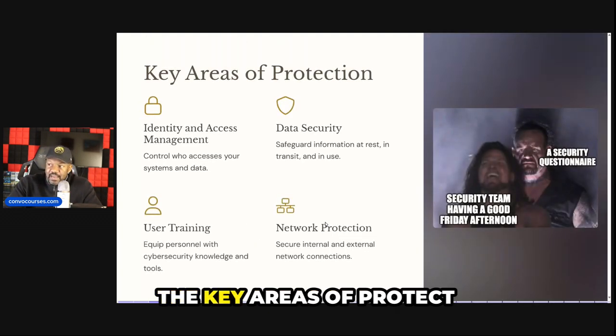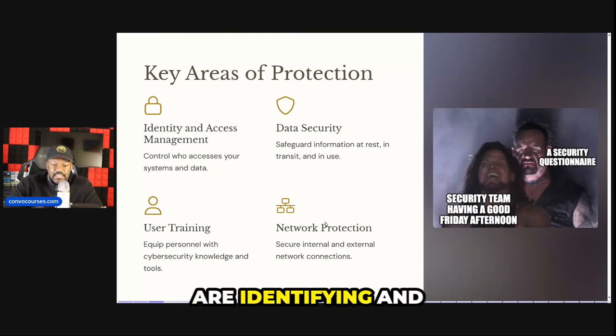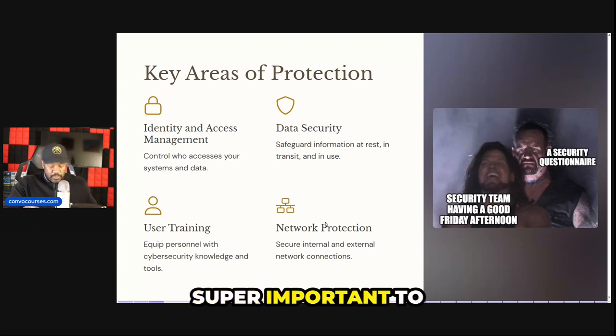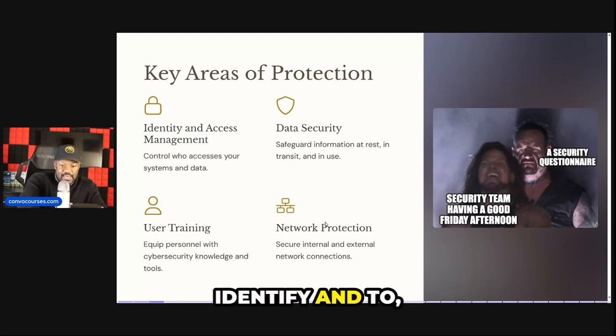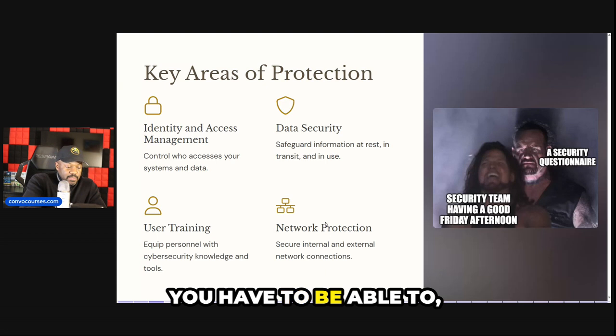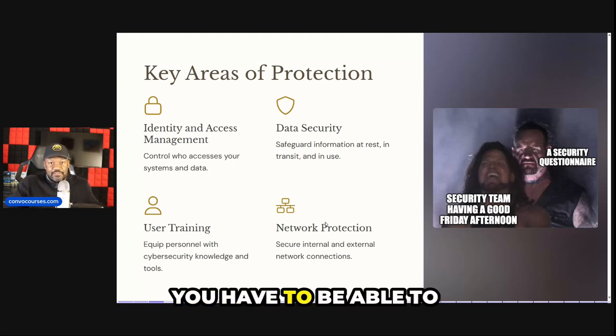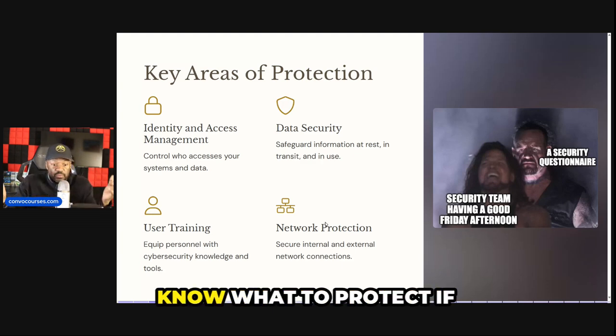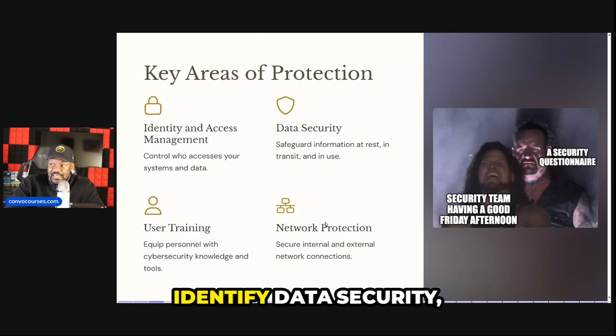And the key areas of protect are identity and access management, of course, super important. Like we said before, you have to be able to identify what's in your organization. Otherwise, how can you know what to protect if you don't identify it?